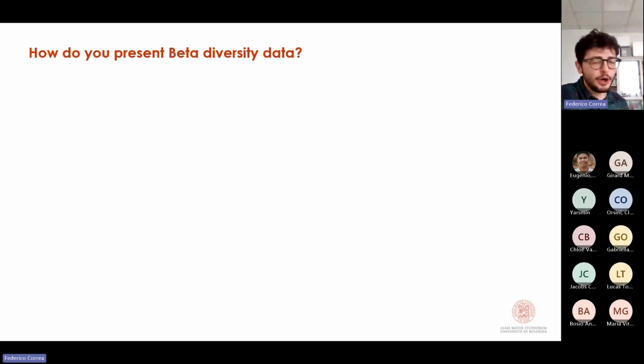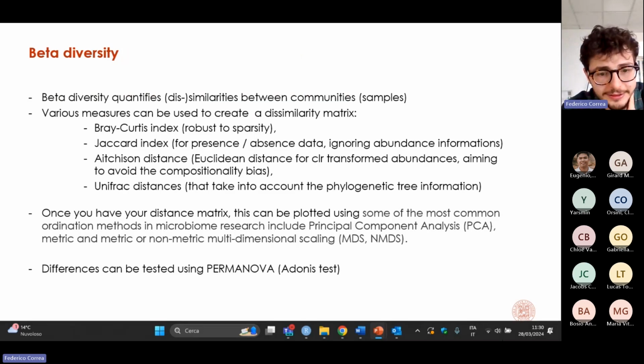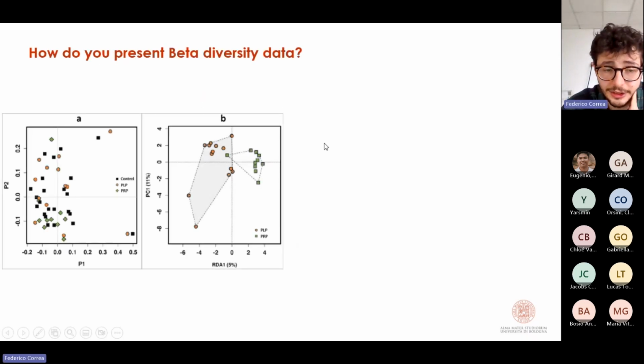Another big point is how do you present your data on beta diversity? Because usually what you find is something like this. A plot with clouds of points, and if you're lucky, the points are well separated and the separation is clear. But in other situations, maybe there's no clear pattern.